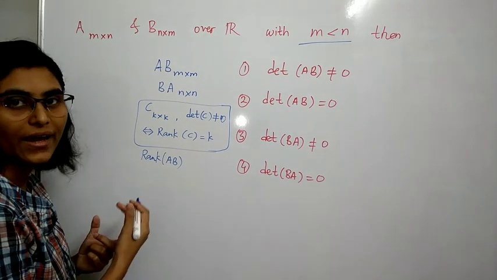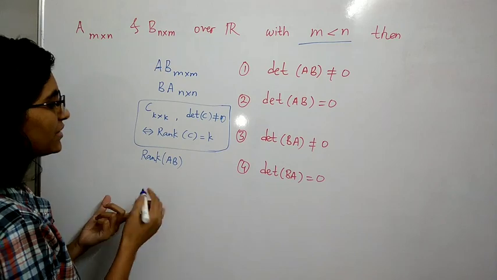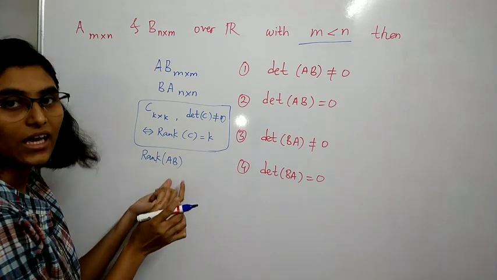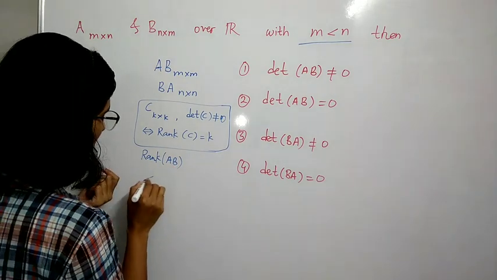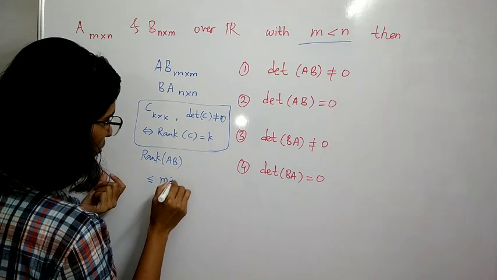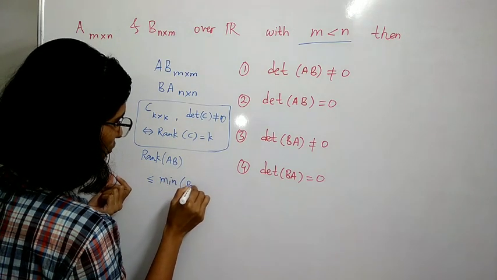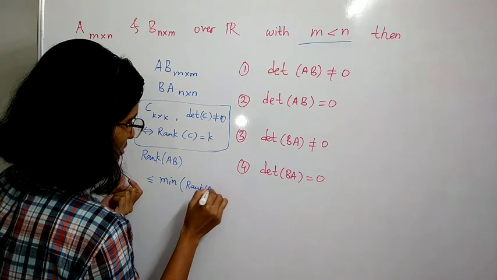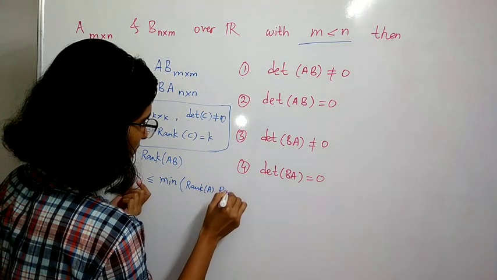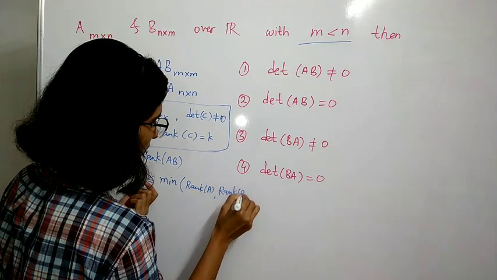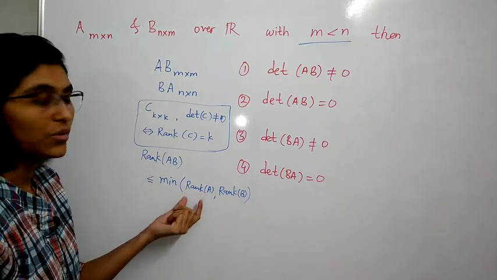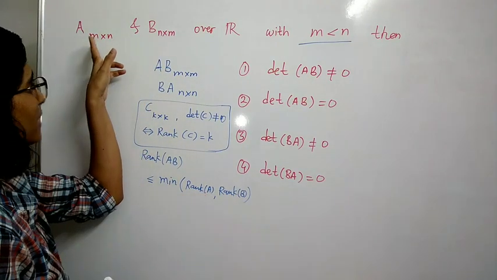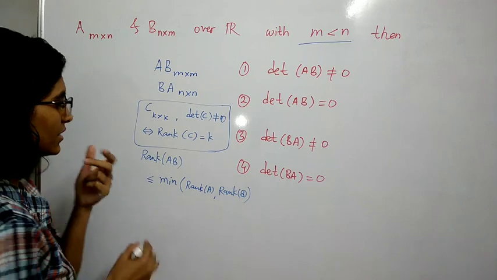Suppose we have two matrices A and B, then rank of AB is less than or equal to the minimum of rank of A and rank of B, right. Now the important thing is that A is of size m by n.